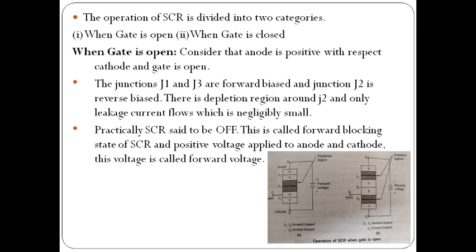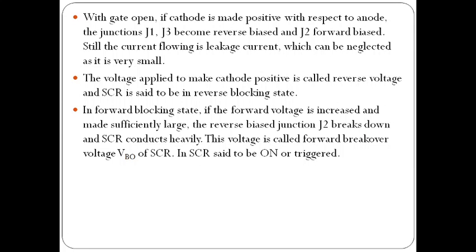You can observe this in figure B. Even when the gate is open, if the cathode is made positive with respect to the anode, junctions J1 and J3 become reverse biased. The positive terminal of the battery is connected to the cathode and the negative terminal to the anode, so J1 and J3 are reverse biased.